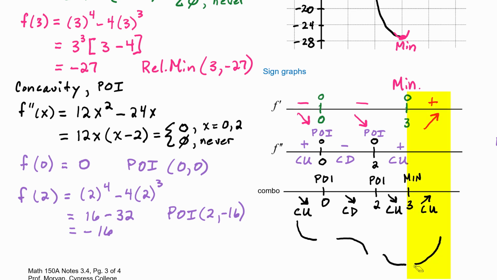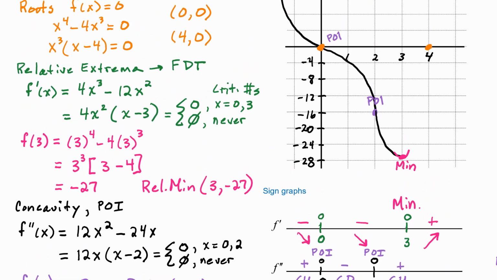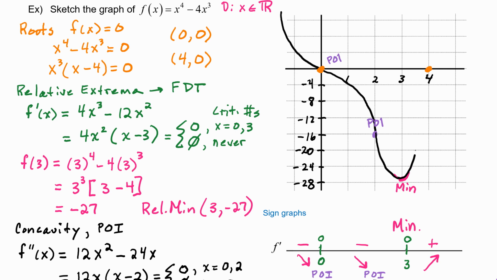So now from 3 to infinity, we have to draw a curve that's increasing and concave up, and draw this curve increasing and concave up. And this is our final graph.